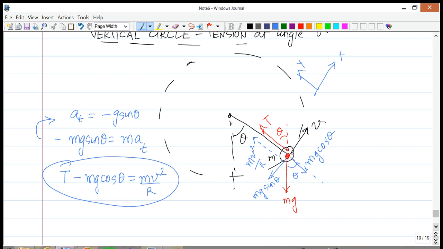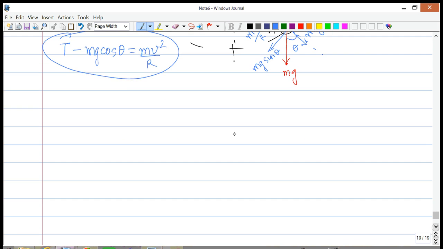Having said that, let's look at one simple case. What happens when the string, or whether it's a car along a roller coaster, is oriented like so. In this case the problem is very simple.